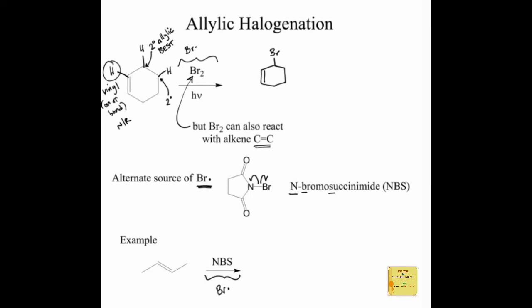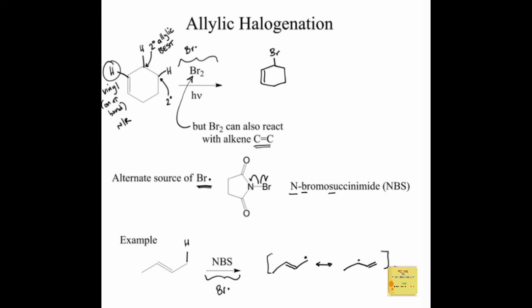And where would we remove a hydrogen? Once again, we're going to ignore the hydrogens that are on the double bond, and we could take one of the hydrogens at either end. Now this looks like a primary radical, but it's not just a primary radical. A primary radical would be okay, but this is actually even more stable because it is resonance stabilized.